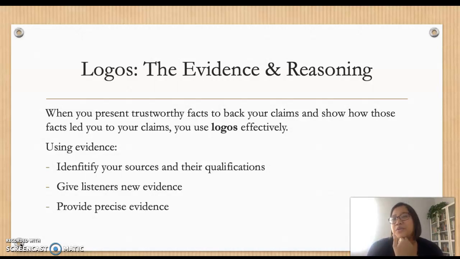Then you wouldn't want to do that, because you know that the evidence is tainted by the sponsorship that was given to that research. And so you want to make sure that the research that was done is unbiased, and that it is objective, and that it actually is going to support the topic that you're presenting.